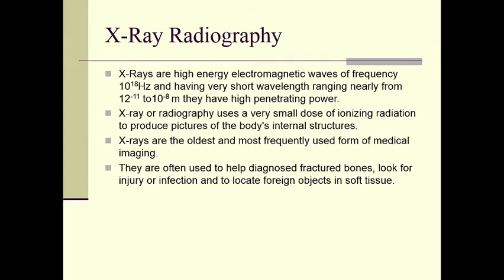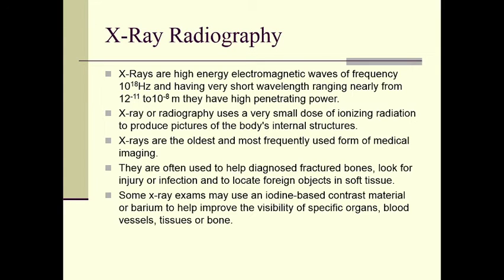They are often used to help diagnose fractured bones, look for injury or infection, and to locate foreign objects in soft tissue. Some X-ray exams may use an iodine based contrast material or barium to help improve the visibility of specific organs, blood vessels, tissues or bone.